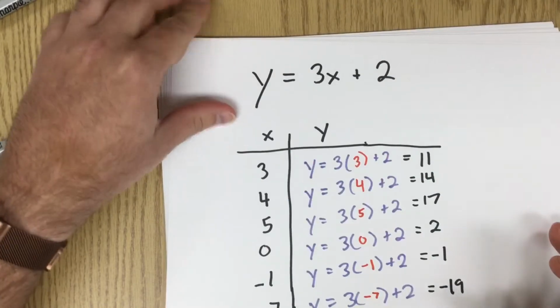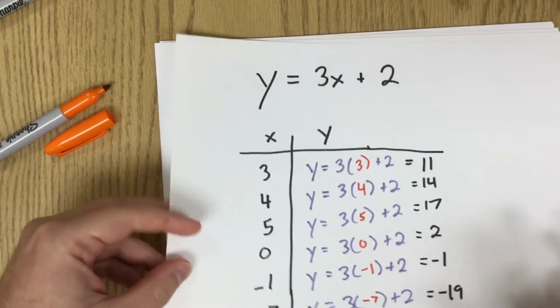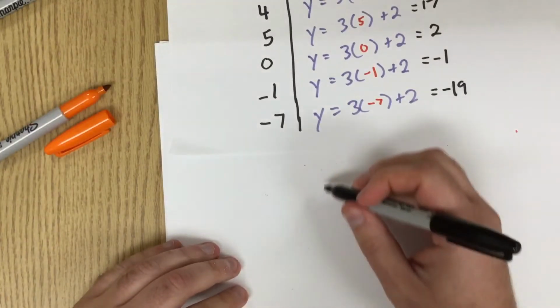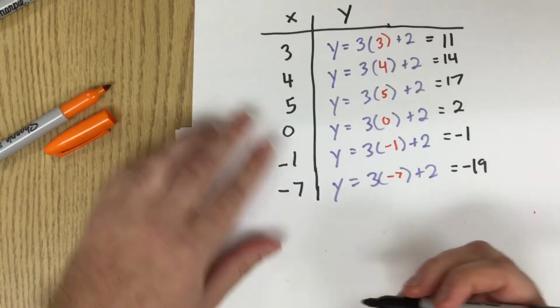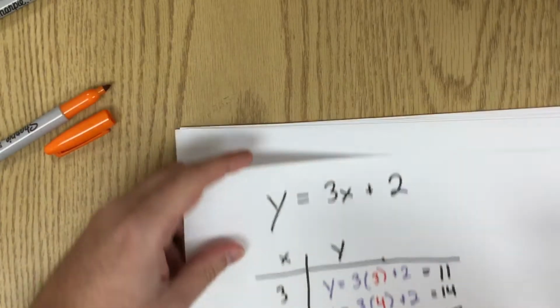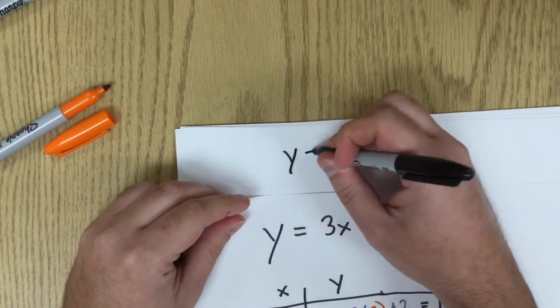Now, a more condensed way of writing this, once you've actually solved it, is y equals 3x plus 2.